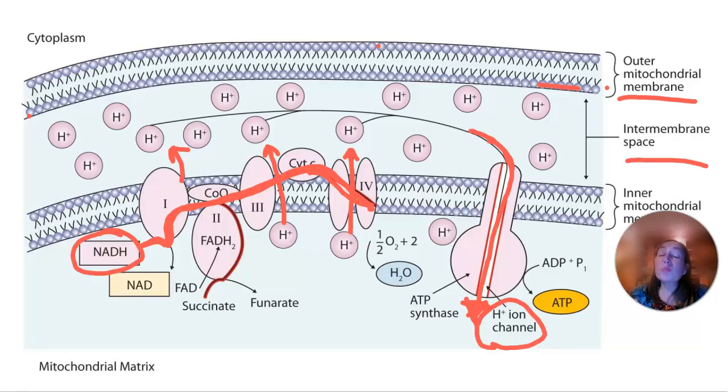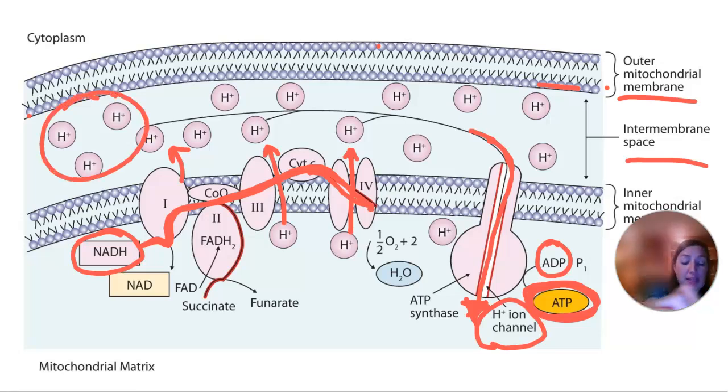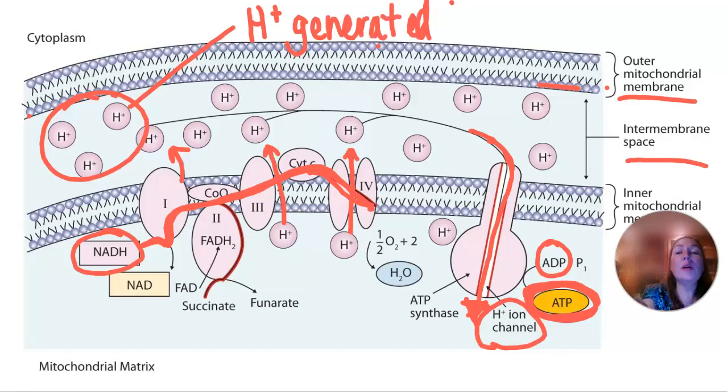As those protons go from the inner membrane space through ATP synthase, ADP is converted to ATP with that proton transfer. All these H pluses have been generated by the electron transport chain.